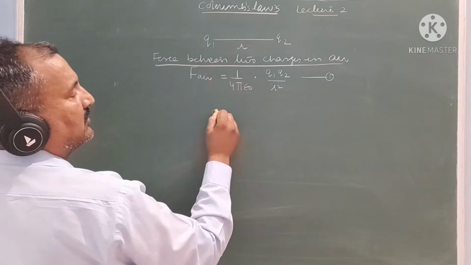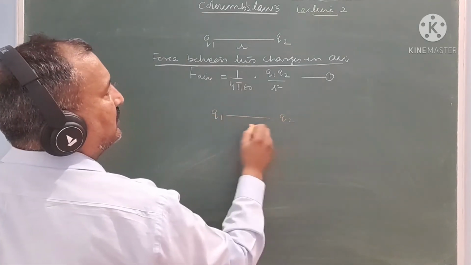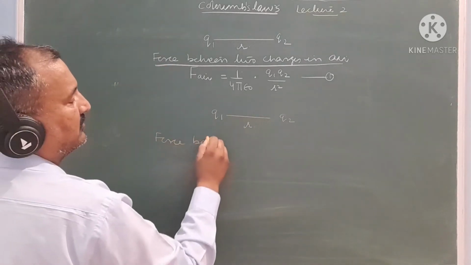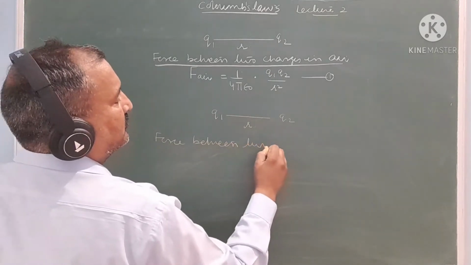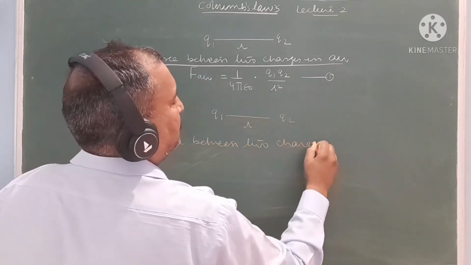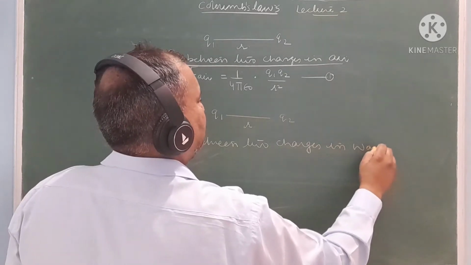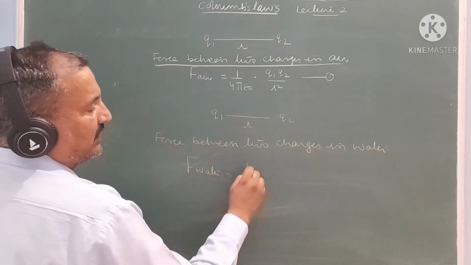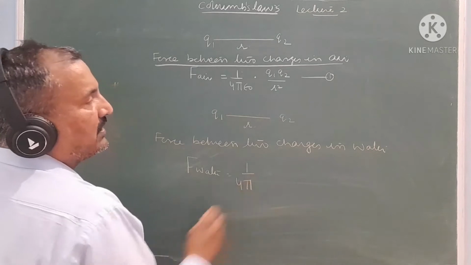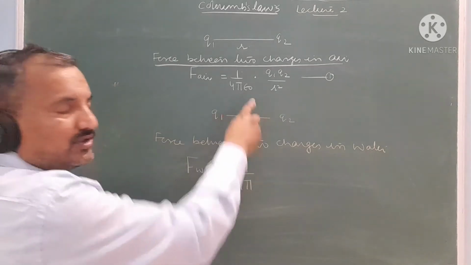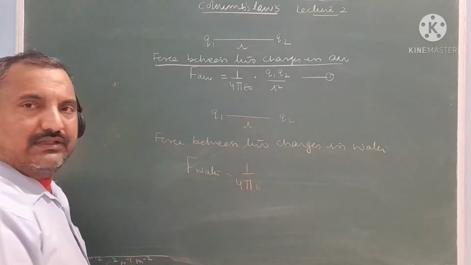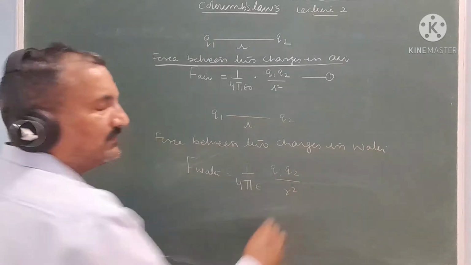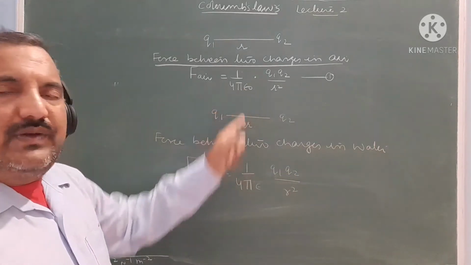So the force between two charges in water, F water, is equal to 1 upon 4 pi, and now you cannot write epsilon naught; you have to write epsilon only, the permittivity, into Q1 Q2 upon r square. So this value has changed.